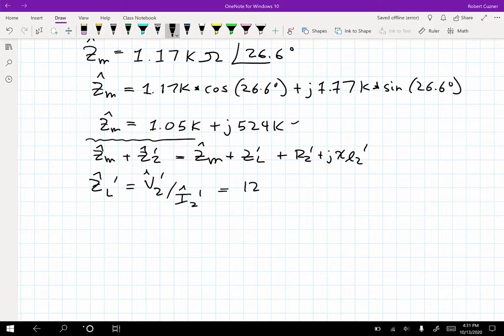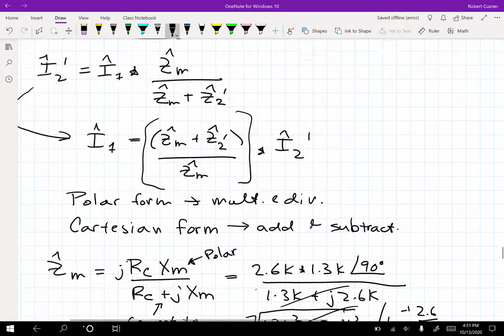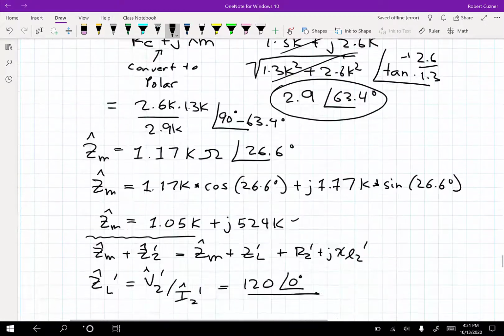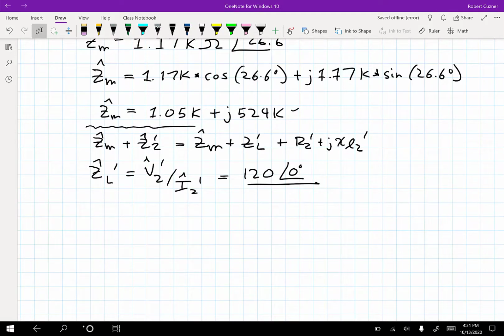So we've already said that it's 120 volts using a reference angle of 0, and I2 prime is 0.83 at 18.19 degrees. We have a leading load.